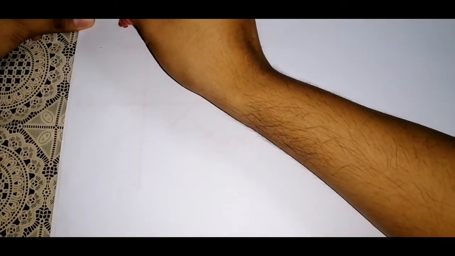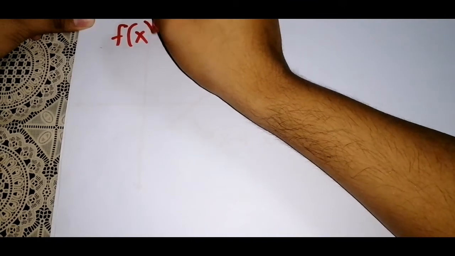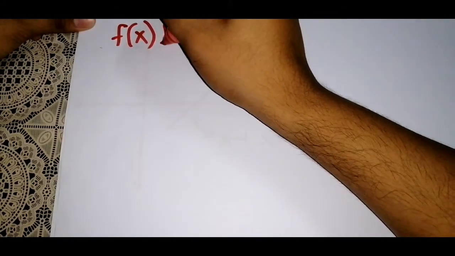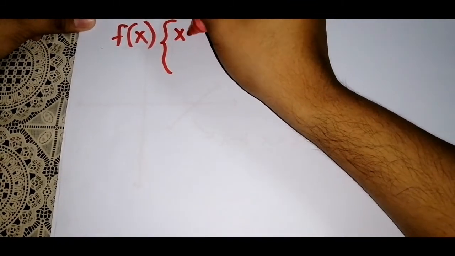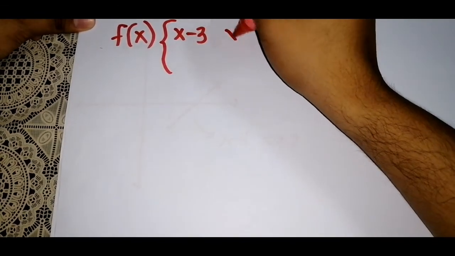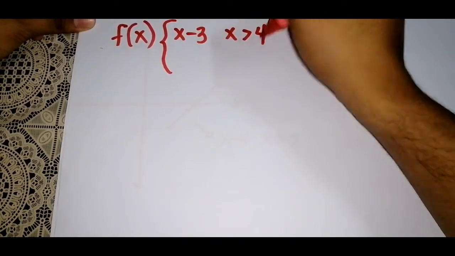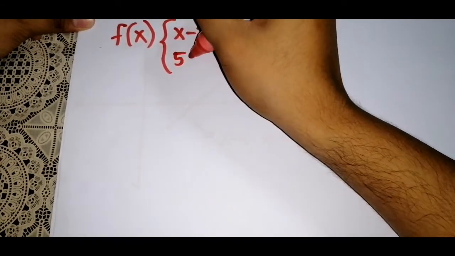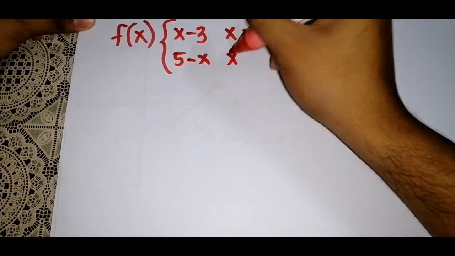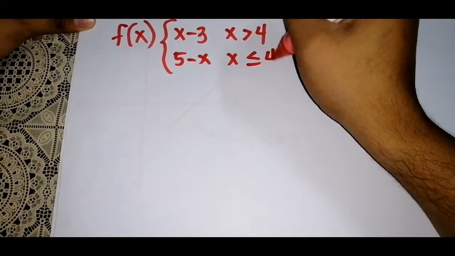Third example, find the limit of the function x minus 3 when x is greater than 4 and 5 minus x when x is less than or equal to 4.